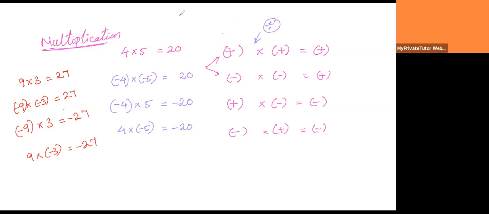So if you go to division, the same applies. Okay, let's try some division questions. Let's take 24 over 3. So 24 divided by 3.